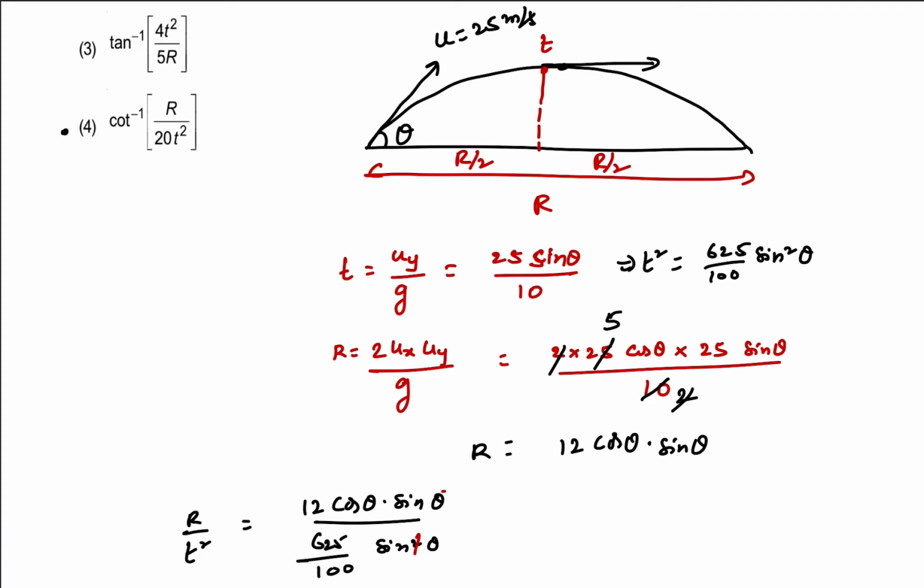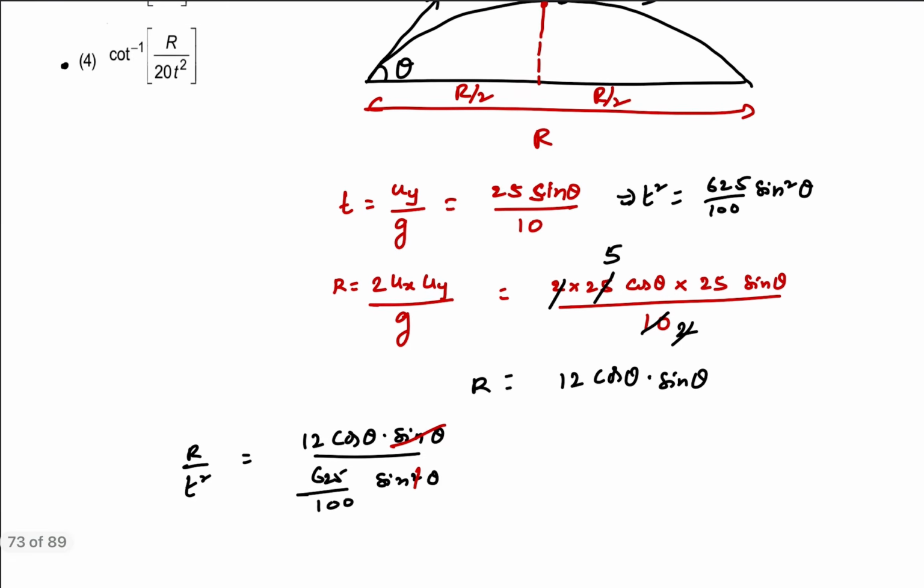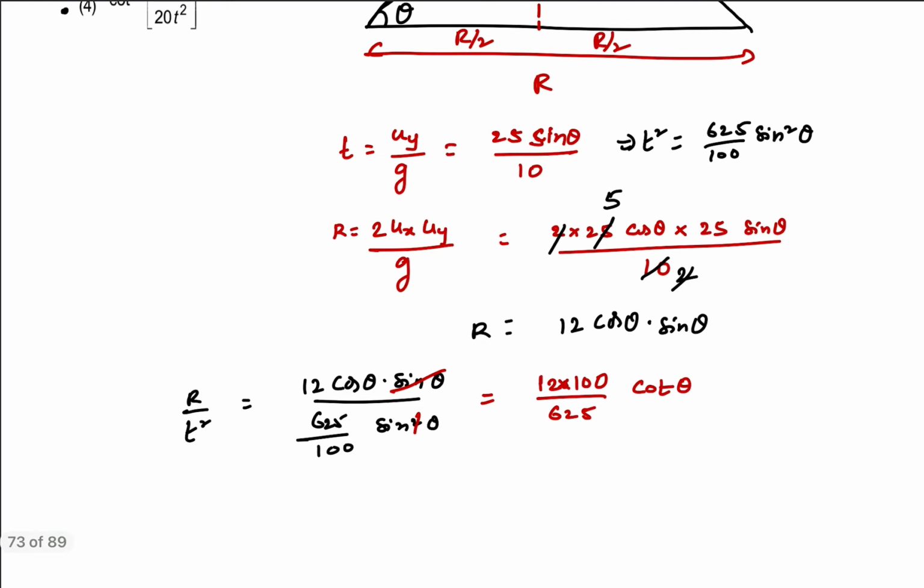Then one sin square gets cancelled. Now the remaining value is 125 into 100 divided by 625, and sin cos theta by sin theta is cot theta, and I can get the cancellation of 25, and 4 times I can get.